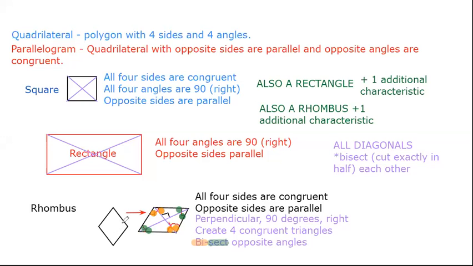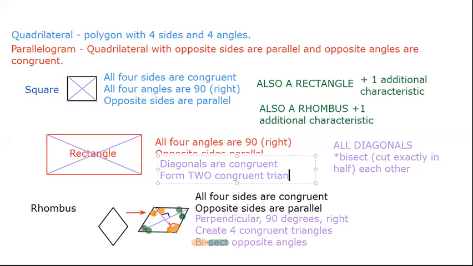Now let's talk about the diagonals of a rectangle. The one thing we know about diagonals of a rectangle is they are exact length. They are congruent. So in a rectangle, the diagonals are congruent, same length, and they form two congruent triangles. You can only look at one at a time.